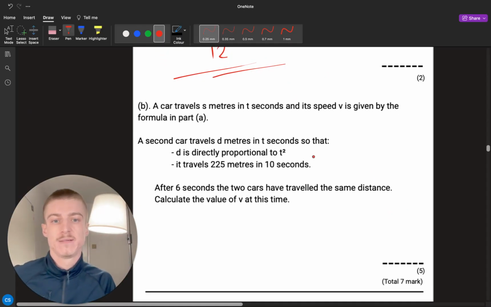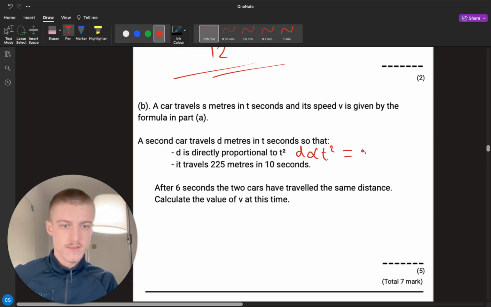So d is directly proportional to t squared, so that means that d is equal to some constant of proportionality, k, times t squared. And if it travels 225 meters in 10 seconds, then we can sub that in and get k.